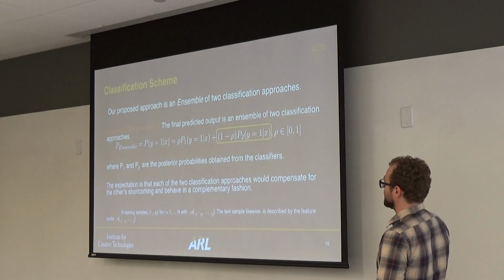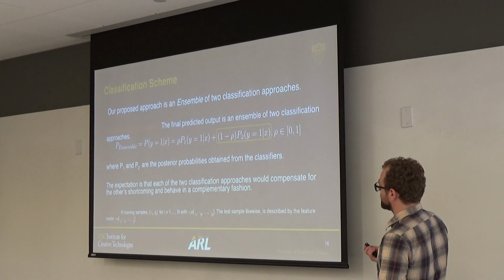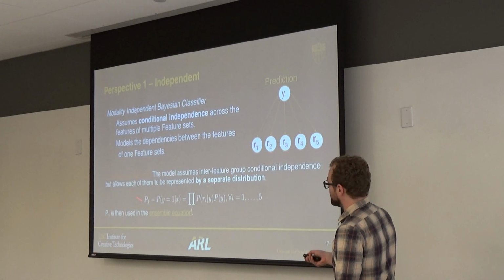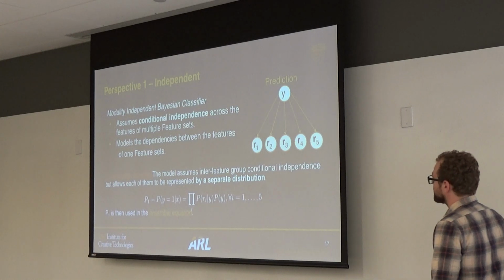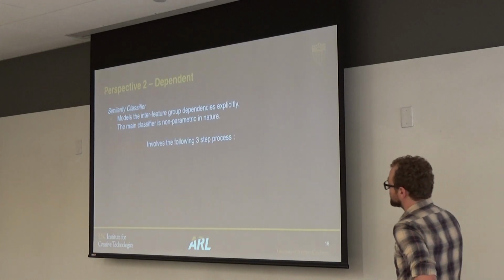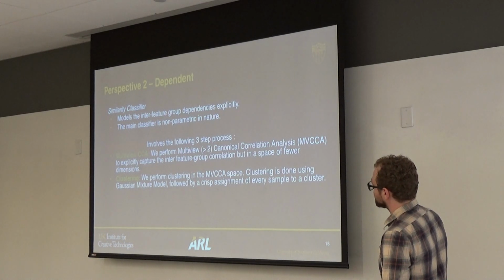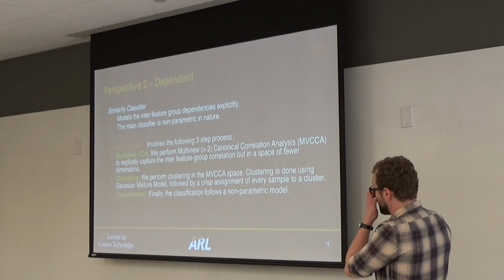So that's the ensemble approach that we took here. This is basically how we model the independent assumption, and sorry for going a bit fast, but we're towards the end of the first hour.